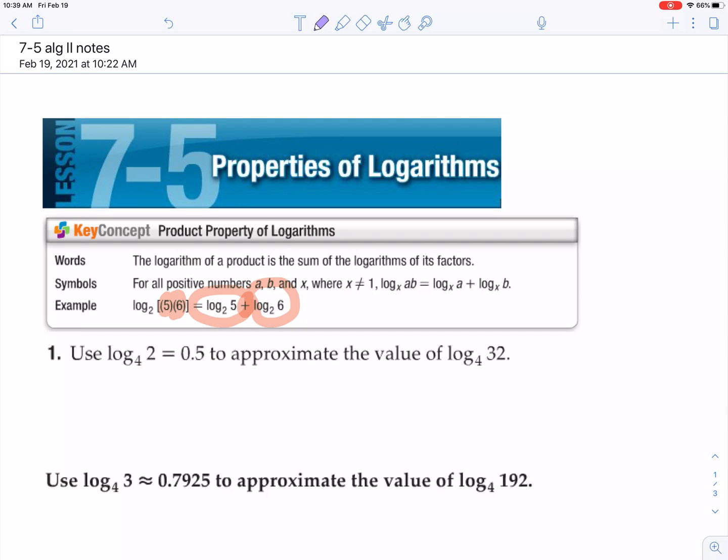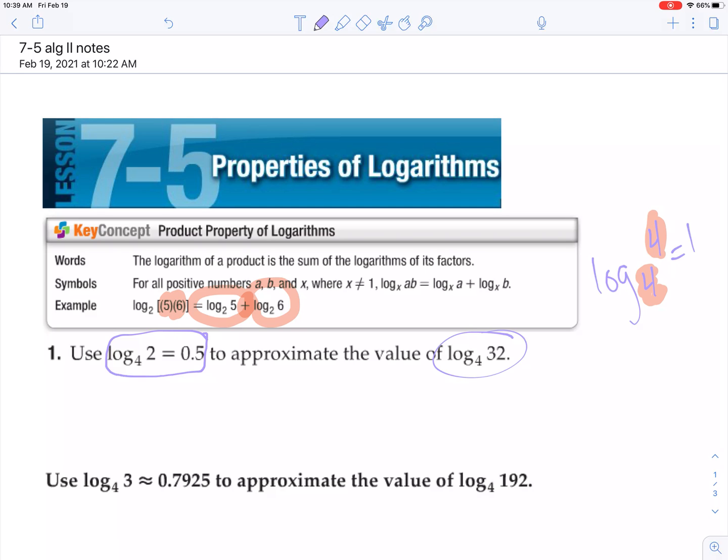So on number 1, they're going to tell you what one of these logs is, and then they're going to say, do me a favor, approximate that value. What you want to do, first things first, is remember that anytime you have a log where it has the same base as the number here, that always equals 1.